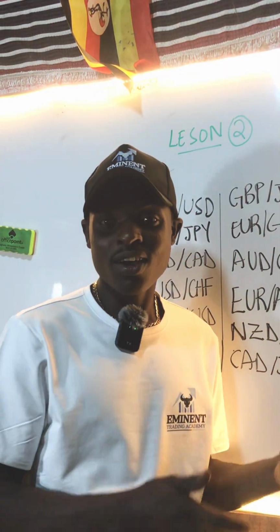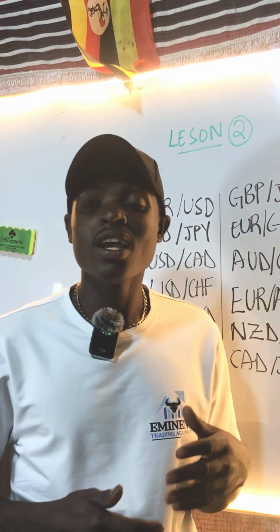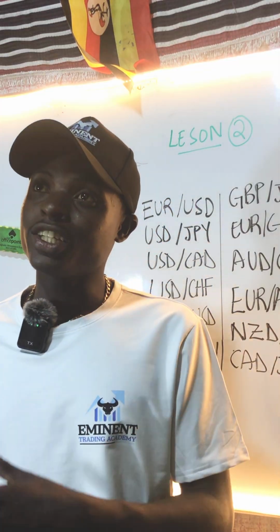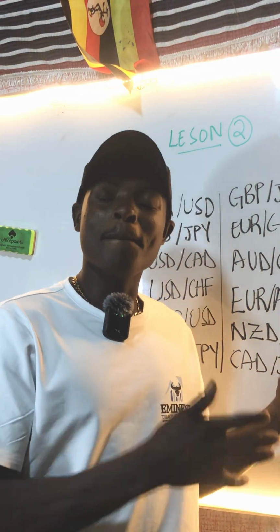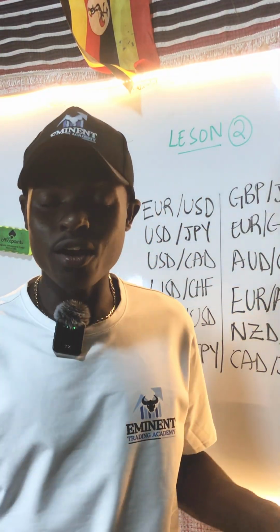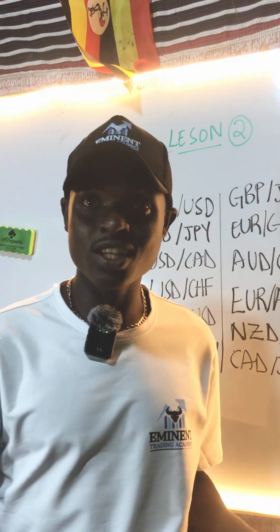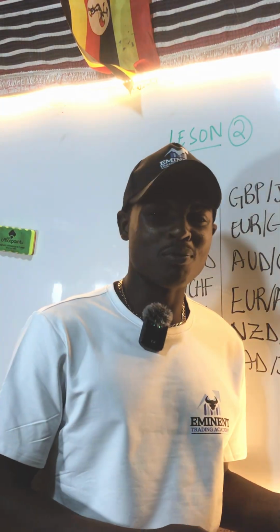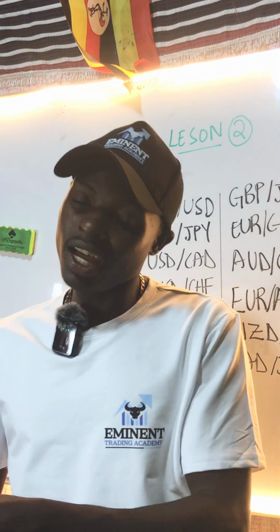The price of a currency is actually a reflection of what the market thinks about the current and the future conditions of a country's economy as compared to other economies.